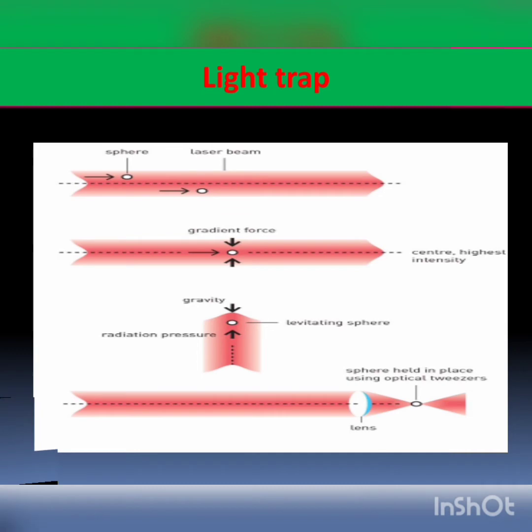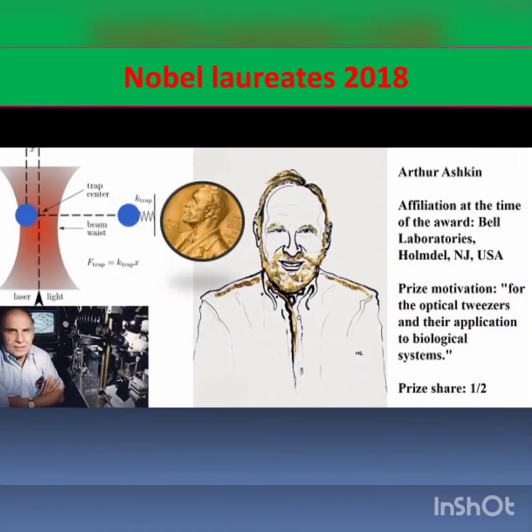The Nobel Prize in Physics 2018 was awarded to Arthur Ashkin. Ashkin focused laser beams with lenses to create optical tweezers. The radiation pressure produced by the light holds the particles in place. Combining optical tweezers with other methods that stop and trap atoms allows visualizing molecules that perform important roles in cells.